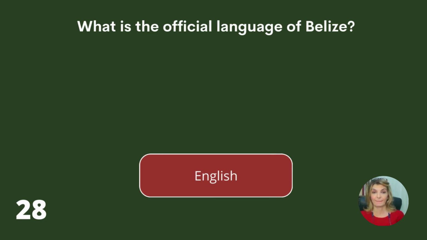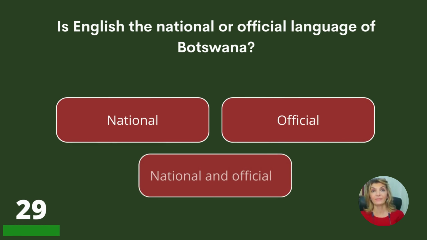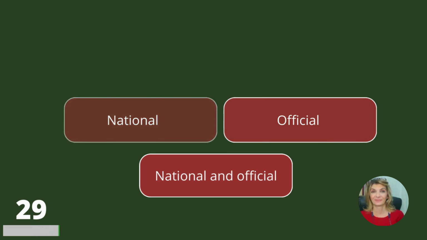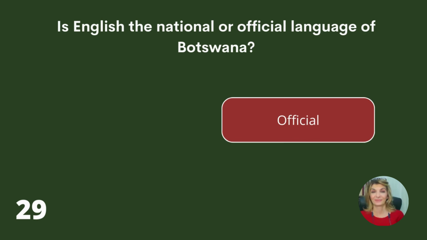English. Is English the national or official language of Botswana? National, official, or national and official? The official language.